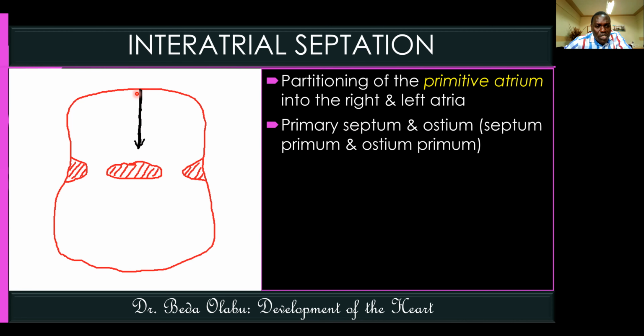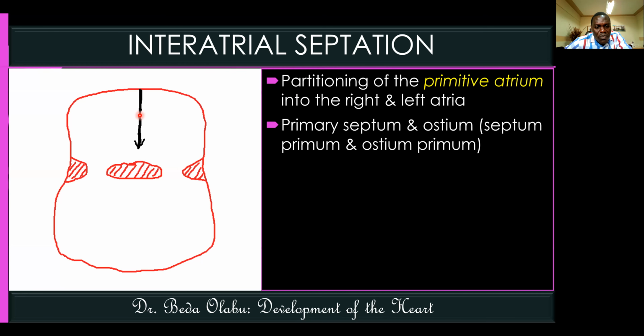Remember, before the formation of that septum, blood will enter like this and flow this way, as well as this way, as we had demonstrated earlier. That means that we usually want blood to be flowing this way as well as flowing this way.